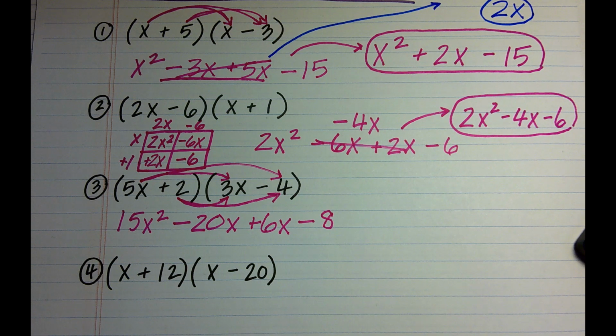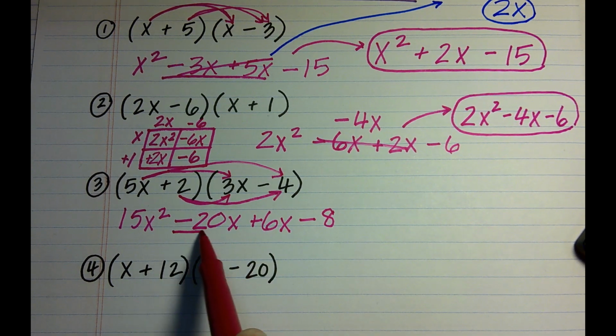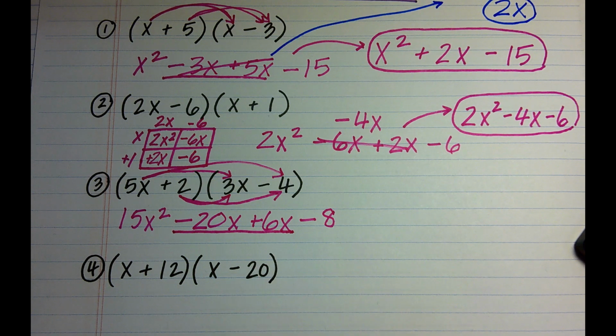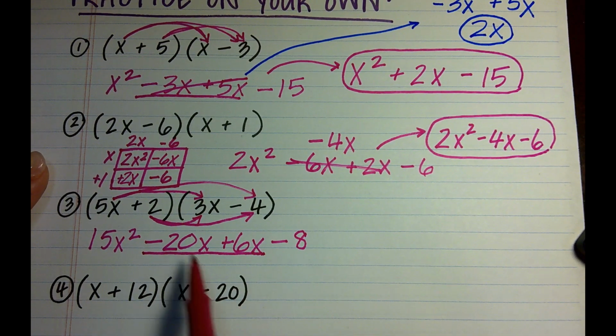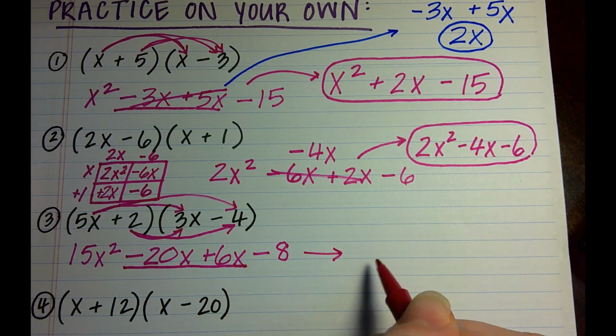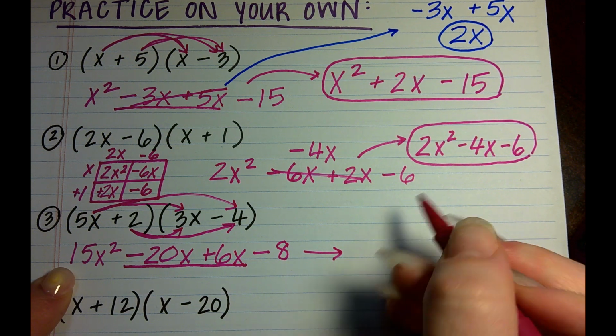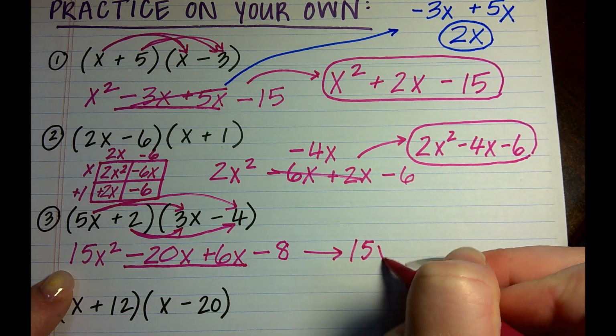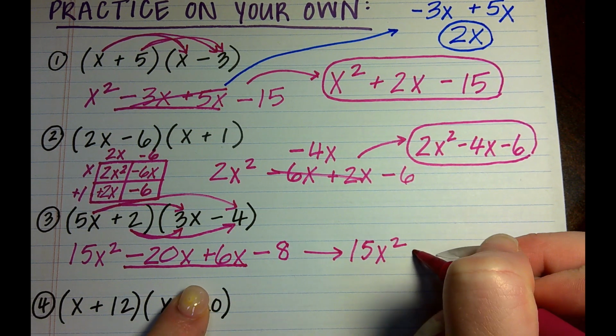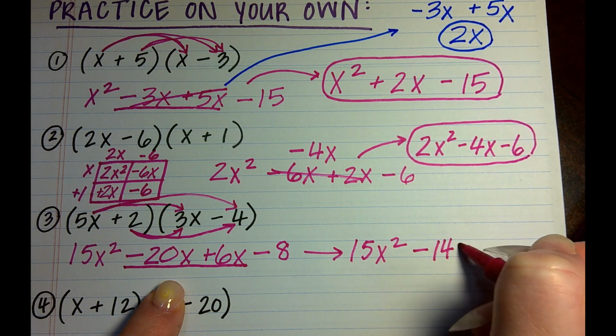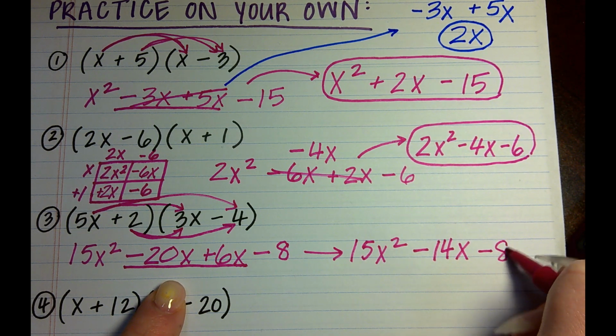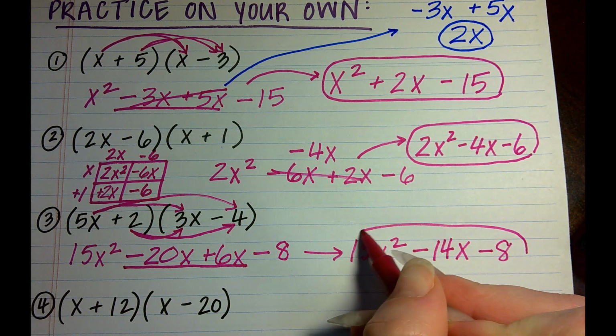What do we do from here? Combine like terms. What is -20x plus 6x? -14x. So we write out our answer again with the new middle term, 15x squared minus 14x minus 8. And that's our answer for number 3.